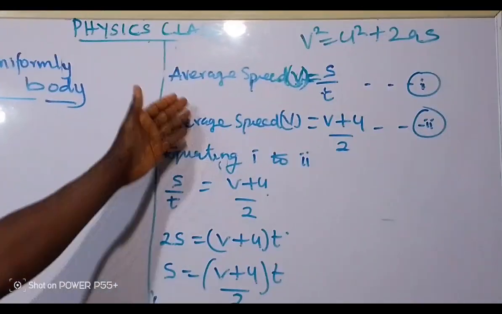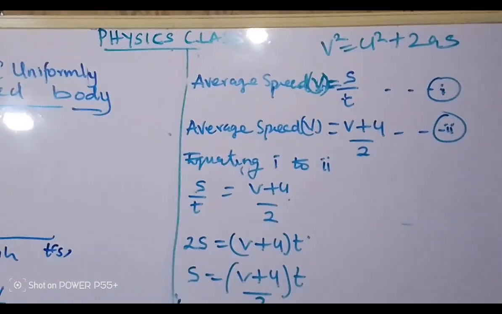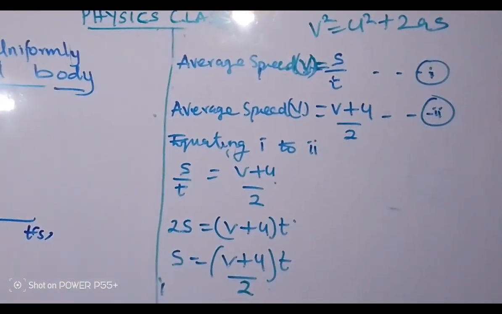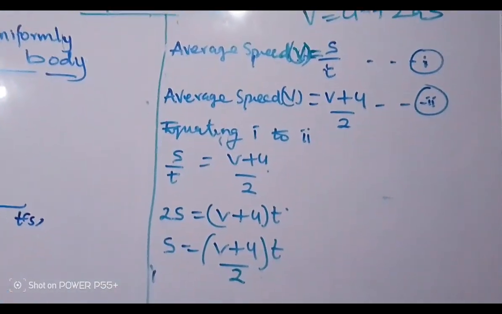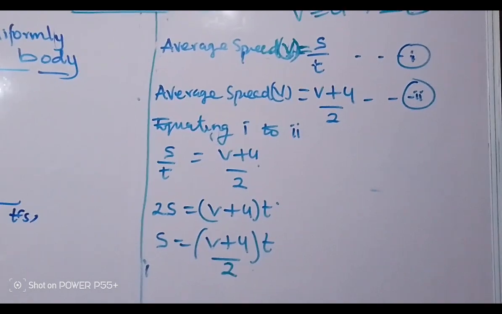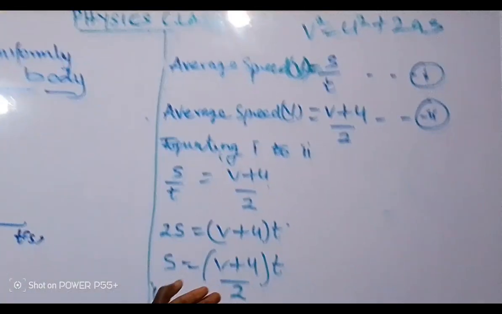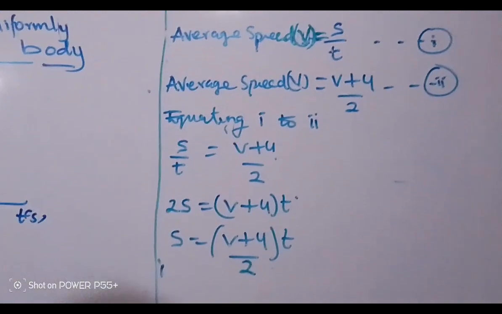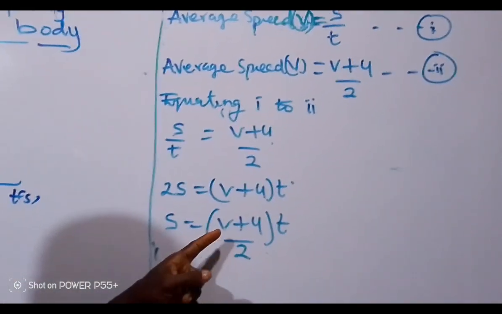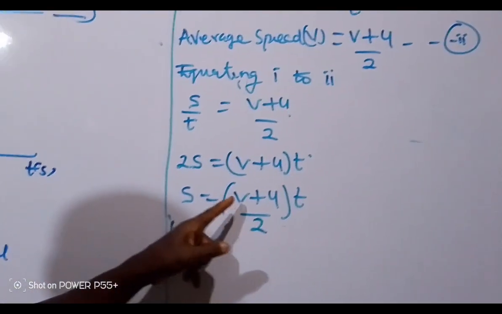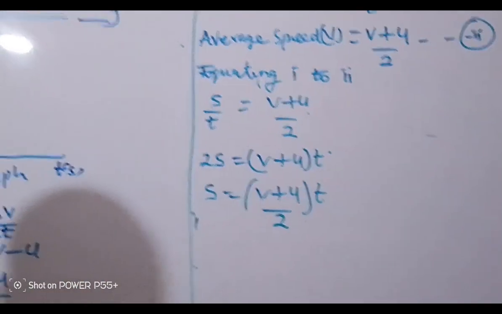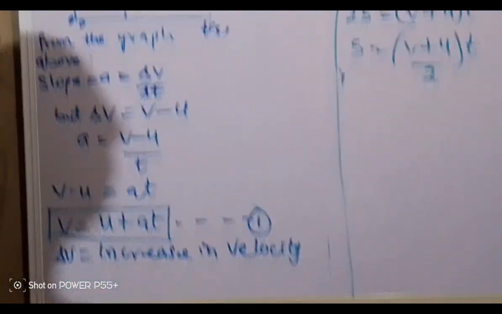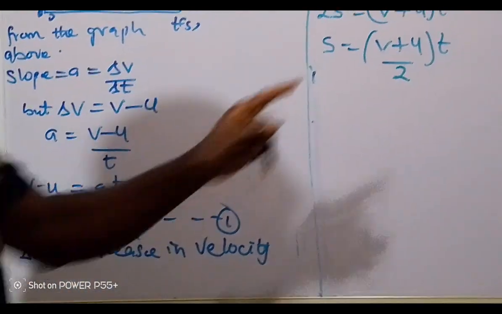That is, average speed remains the same: total distance over time taken, and at the same time, V plus U over 2. Then equating, we arrive at this one. But the other time, we removed V from equation 1. At this time, we are going to remove this T.